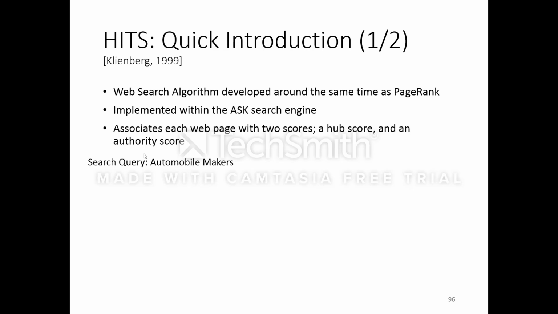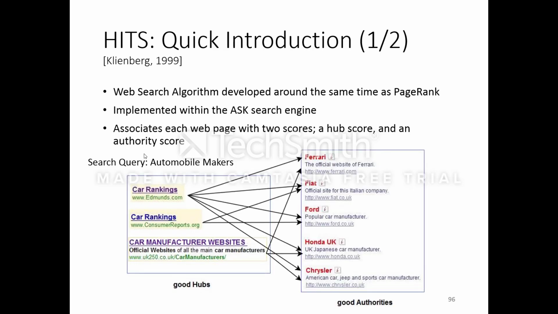Let's look at a simple search query and see the motivation behind these scores. The search query is automobile makers, and you could have a list of companies that do rankings of automobile makers and maintain lists of automobile makers, like those on the left hand side, and there could be the actual automobile maker companies, the individual companies on the right hand side.